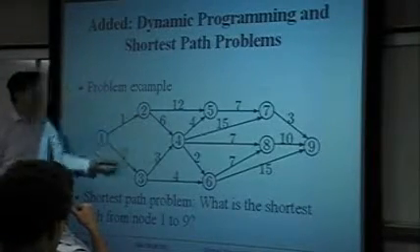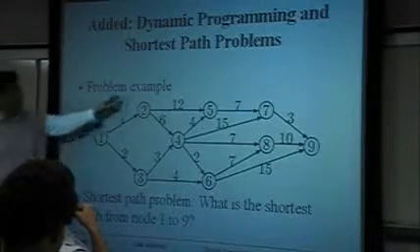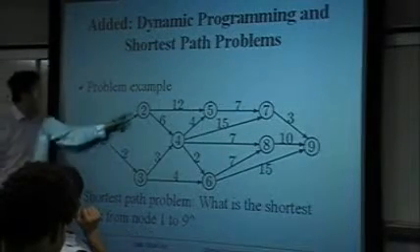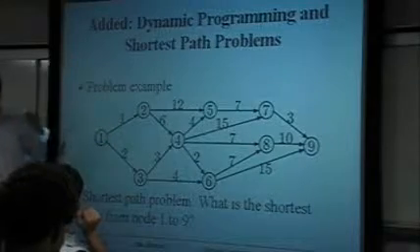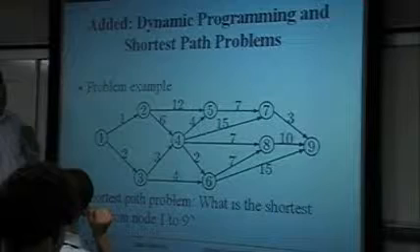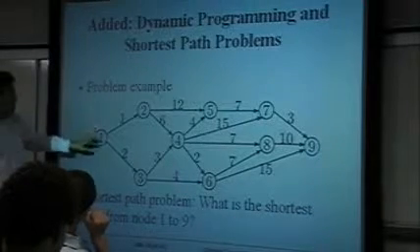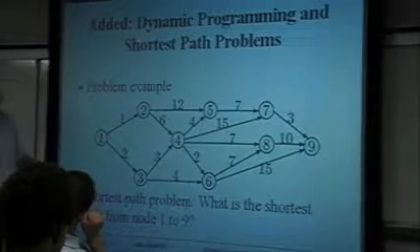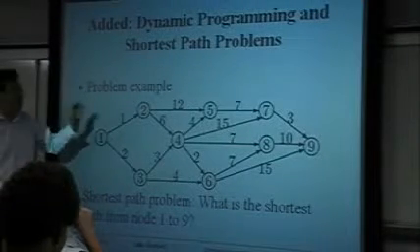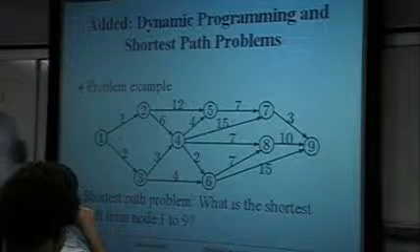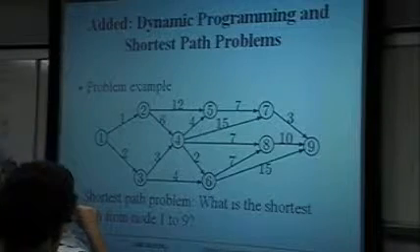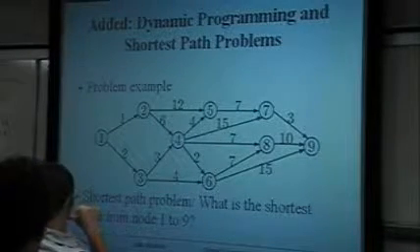Suppose there is a map where there are several cities, and there are roads from one city to another, and this is the time consumed on the road. So from city 1 to city 9, which road should we take to ensure that the total time used is the smallest? This is the standard problem, or we call it the shortest path problem.